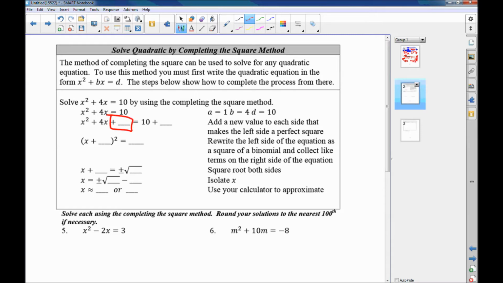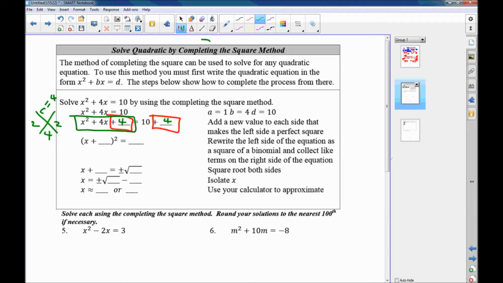Okay. And inside the plus and blank, we're going to put in the number that would make the left side be a perfect square. So what is the C value so that the same numbers could add up to 4? So this is going to be 2 and 2, and that means our C value is 4. So we're going to add 4 to both sides, and what this will create is a perfect square binomial on this side.